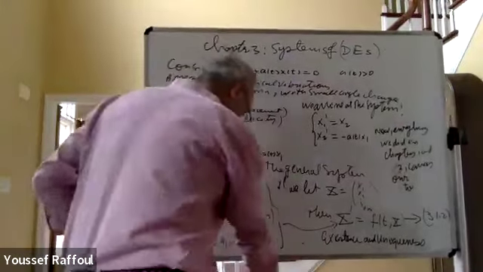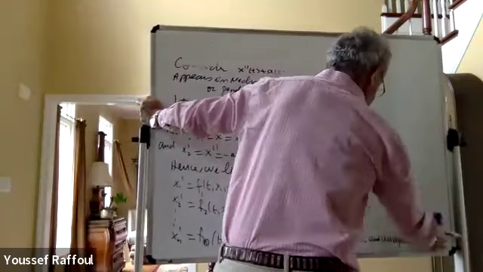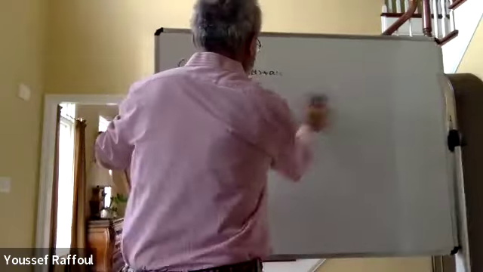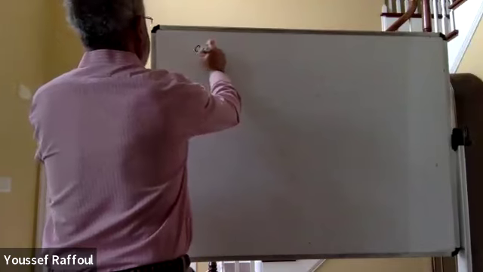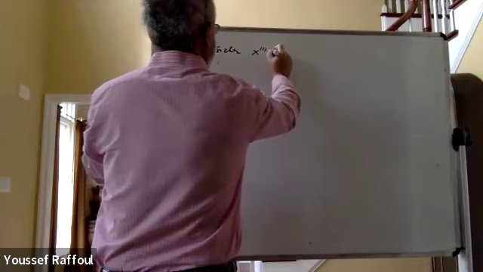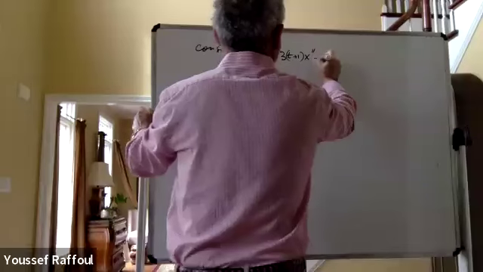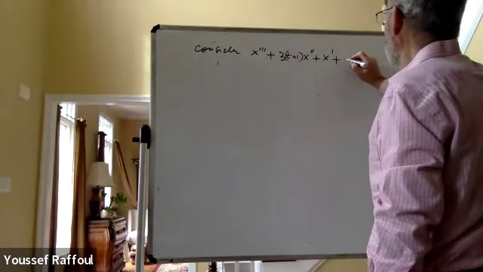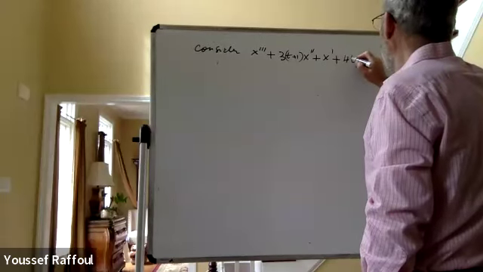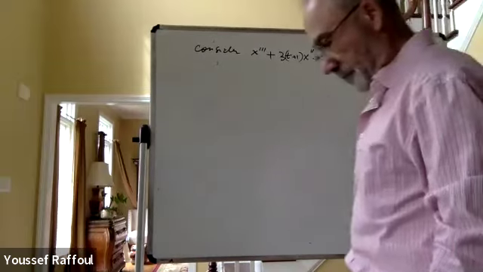Okay, so this is in a vector notation. Let's take a look at an example. Let's consider x third of t plus (3t plus 1) x second plus x prime plus 4t squared x equal to sine 2t.